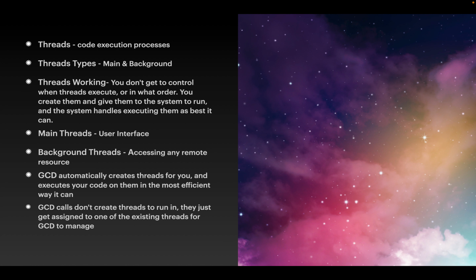We can create the thread and give it to the system, and the system will handle the execution part. We don't have control over the thread, that is, in what order it needs to execute, we cannot say. We can just create a code execution process and give it to the system, and the system will run it and provide us the result. So this is how threads work.